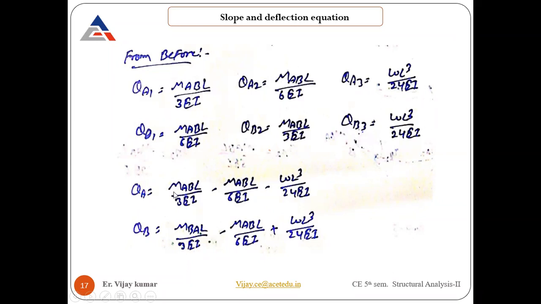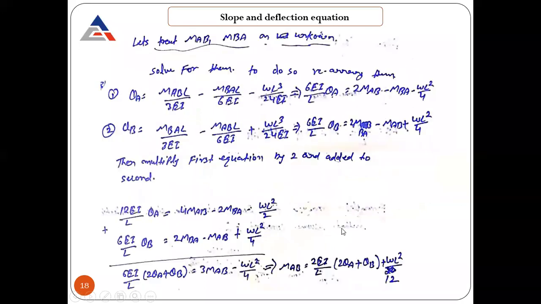So what was the equation? Theta A1 minus theta A2 minus theta A3. Yes. So just place them, and this is the first equation I'm getting here. Theta B2 is nothing but MBA L by 3EI, meaning theta B2 minus theta B1 plus theta B3. So these are the values that we just place here. Now solve it.